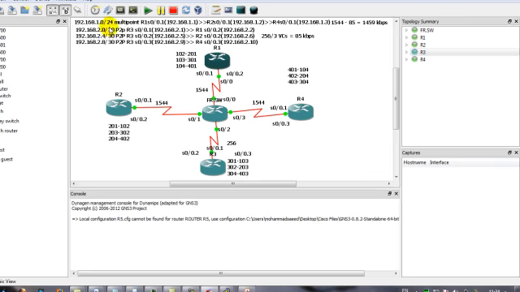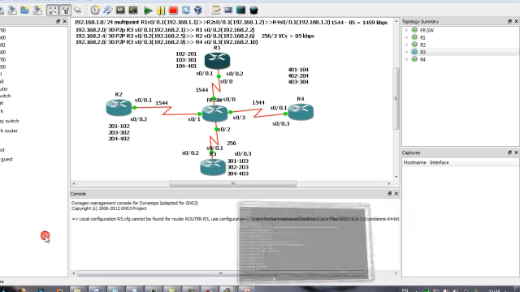Now look at this. I have multipoint here. Router 1 serial 0/0.1 with this IP address. Router 2 serial 0/0.1 contacts with serial 0/0.1 with this IP address, and also router 4 with serial 0/0.1 with an IP address like this. And also the bandwidth, it will be 1459 kilobits per second. Don't forget to configure it.